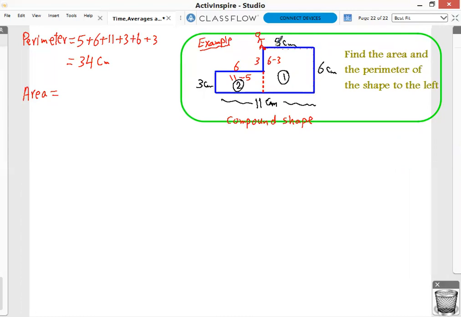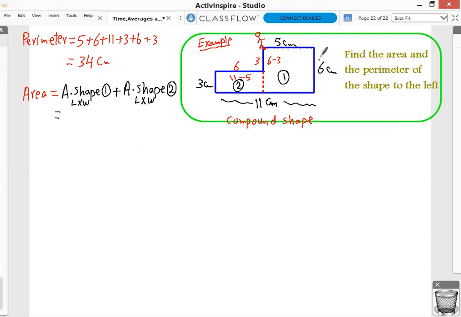We have L and W. Then it will be area of shape 1 plus area of shape 2. Shape 1 is like a rectangle, we have L and W. Then for both, it will be L multiplied by W.